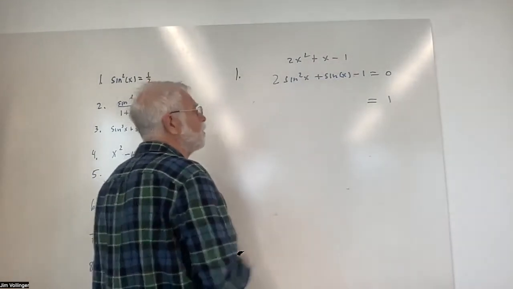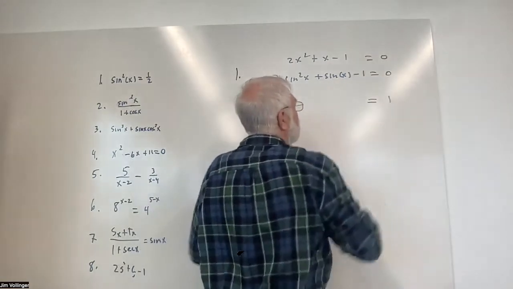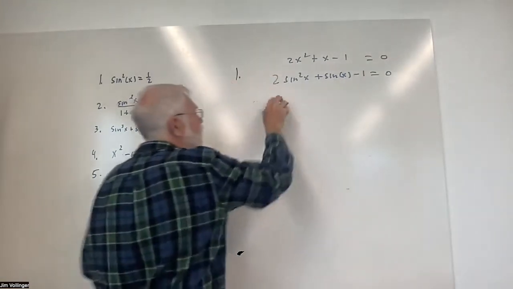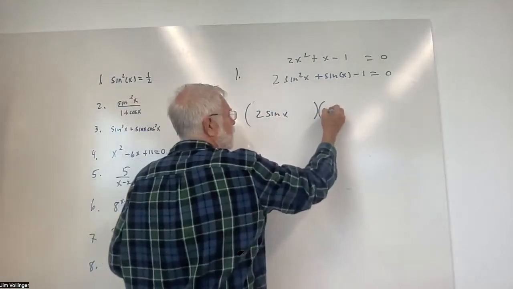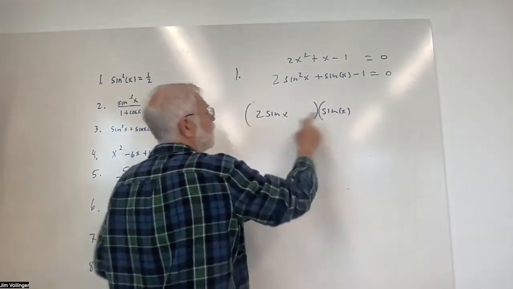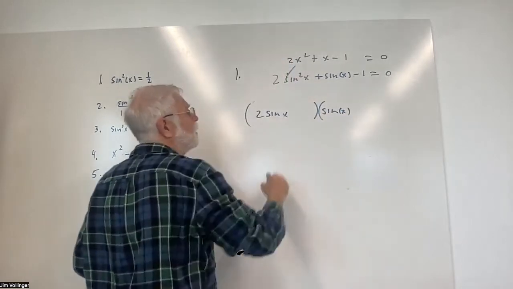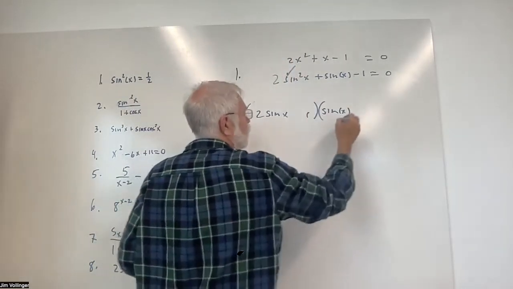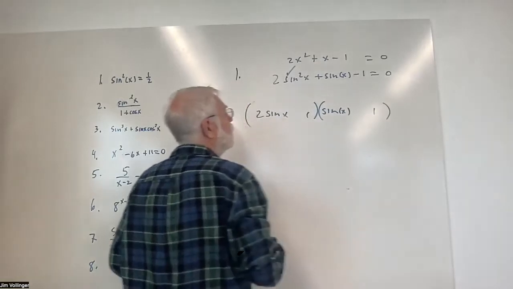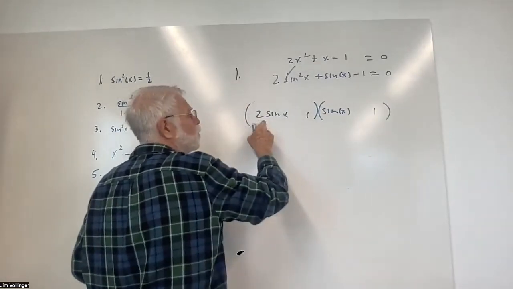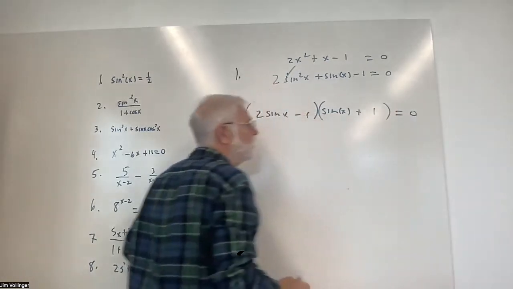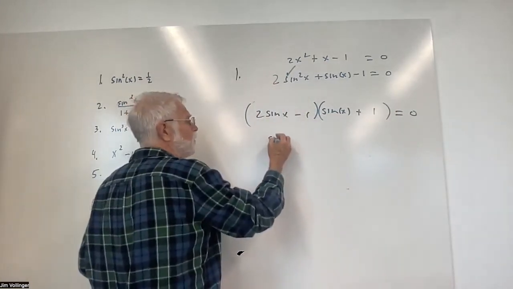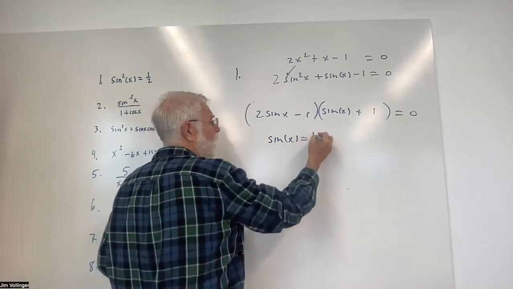That's a trinomial. So down here, 2 sine x in the first parentheses, sine x in the second. That times that is that. There's only one way to get the number 1, 1 and 1. 1 times 2 is 2, so that gets the plus, that gets the minus. It's still an equation. So therefore, the sine function could equal a half.